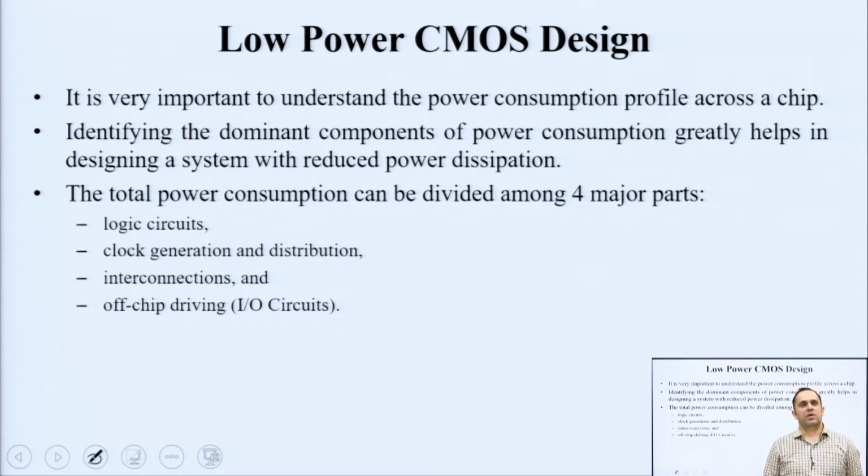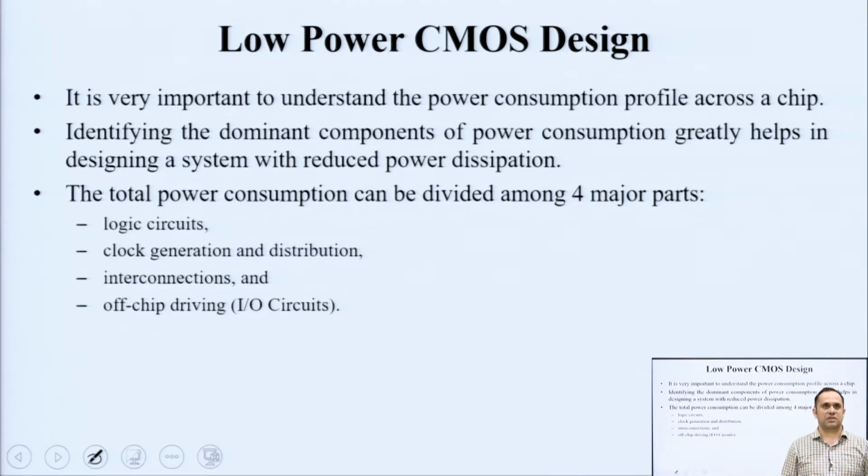For this, it is very important to understand the profile of power consumption in the entire area of the chip, what portion of the integrated circuit is actually resulting in more power dissipation as compared with other areas. So, if you can identify dominant components of power consumption, you can then focus on those and try to reduce your power consumption.